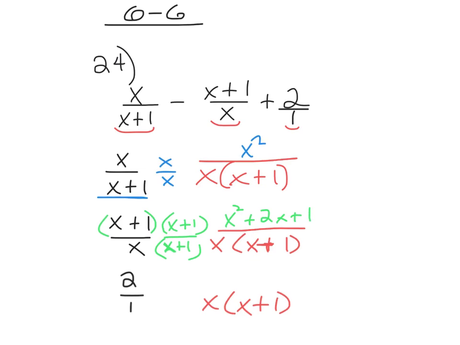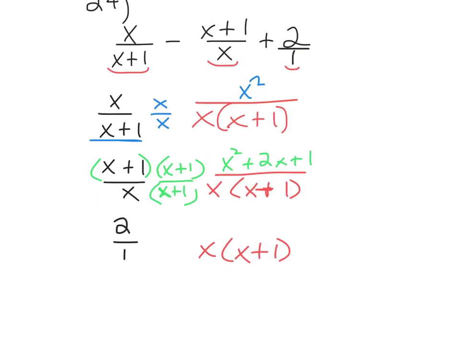And then lastly, it's missing both pieces, so I need to multiply it by x times x plus 1. I'm going to distribute it, so I'm going to multiply it by x squared plus x. And then when I multiply it with 2, I end up with 2x squared plus 2x.